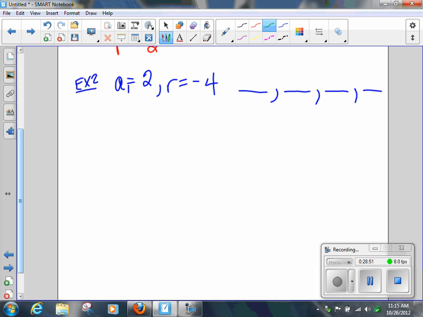What do we have? 2, -8, positive 32. And then negative who? -128. Is it okay for the numbers to be positive, negative, positive, negative? Yeah. Because if you have a negative ratio, that might happen.